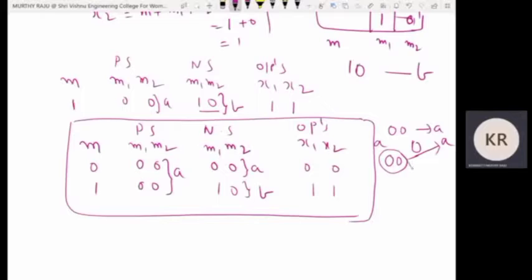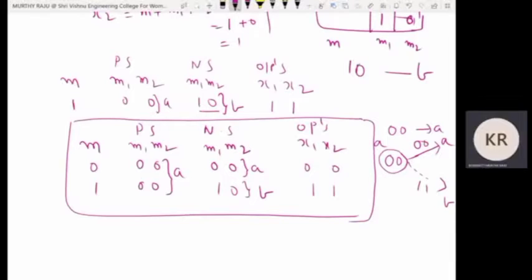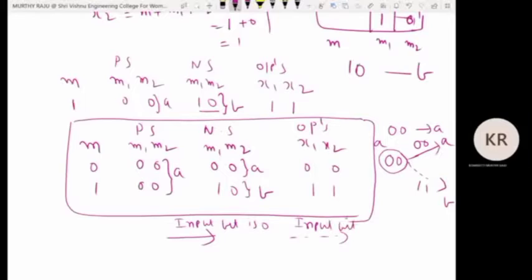Input bit 1 is represented by a dashed line and goes to state B, with output 1, 1. Here solid line represents input bit 0. Dashed line represents input bit 1.